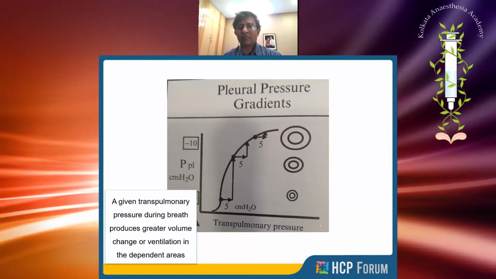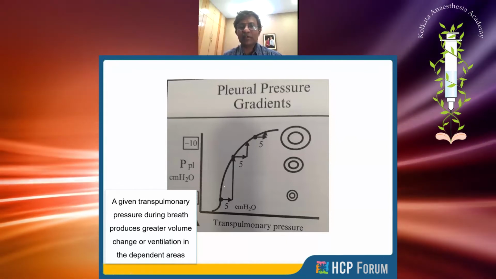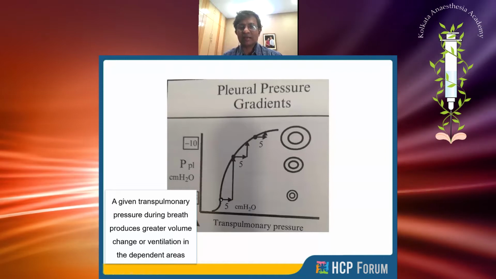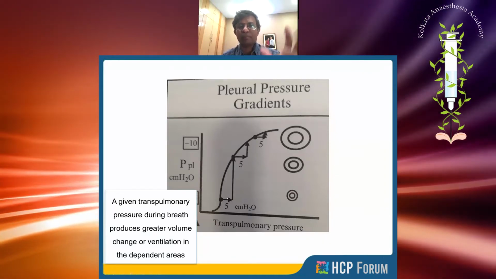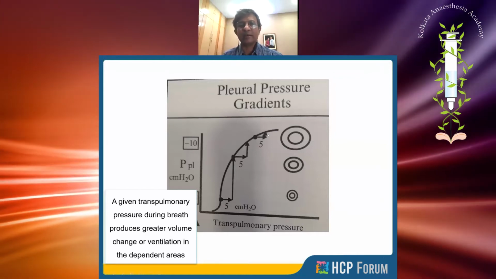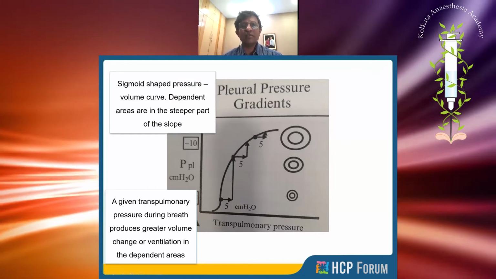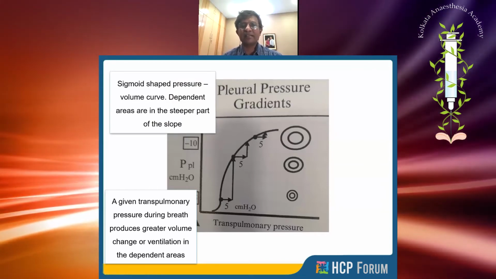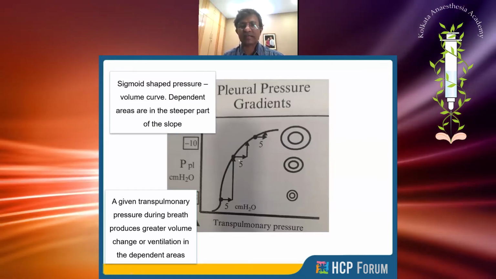So you can make out from this graph over here. If the alveolus is lying over here and there is a change in the transpulmonary gradient, the distending pressure, the change that you obtain will be more than if you are trying to see a change over here. Because of the sigmoid shaped pressure volume curve, the dependent areas are in the steeper part of the slope, and therefore it produces a greater change.